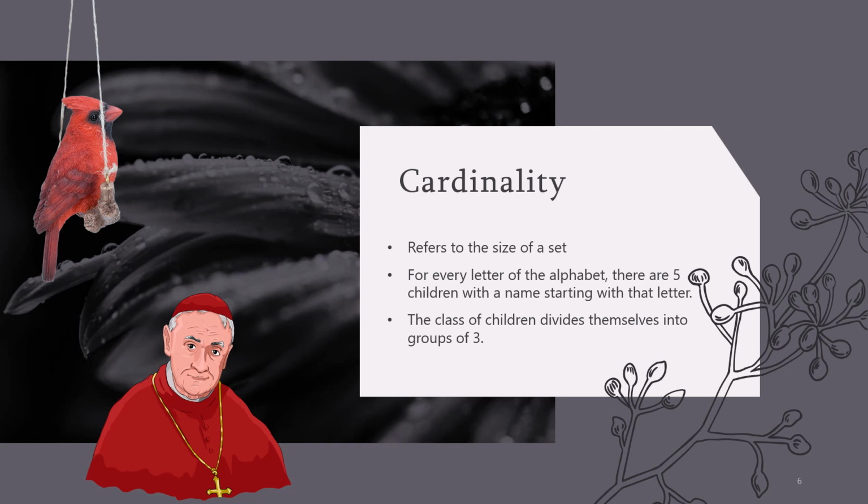I could increase the number of children in the groups, but that wouldn't make a difference. The class of children divides themselves into groups of 3. We do not know how many cardinal sets are in this group, because we don't know how many total children were in the class, so we don't know how many groups we ended up with.